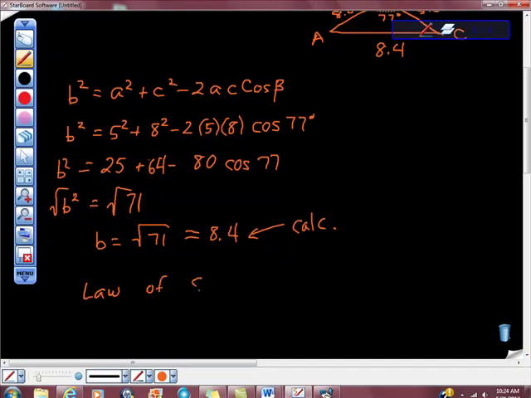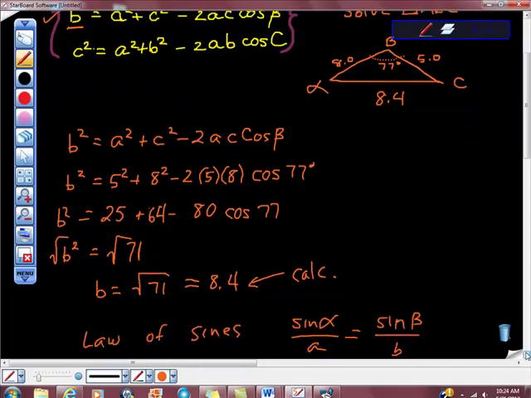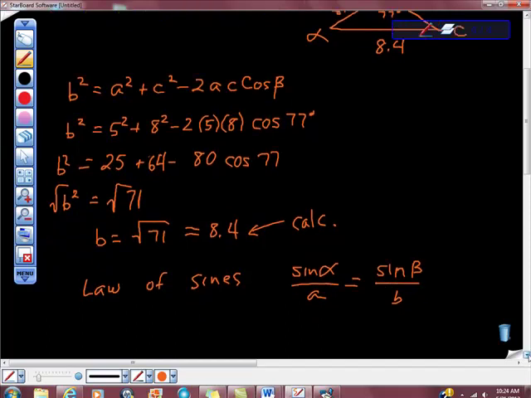Law of sines says that sine alpha over a is the same as sine beta over b, because this is our alpha here. And I can just cross multiply here.